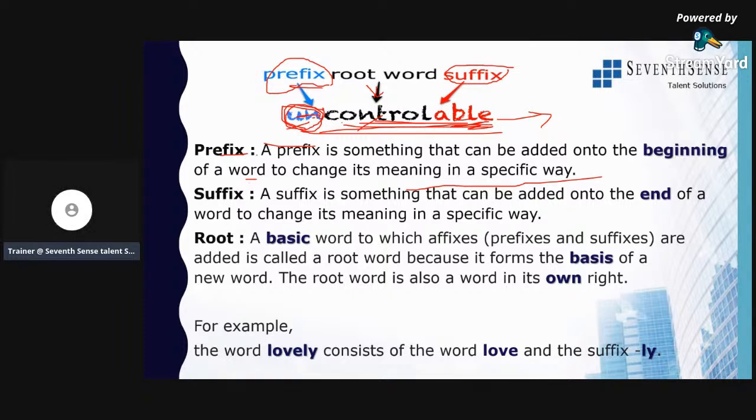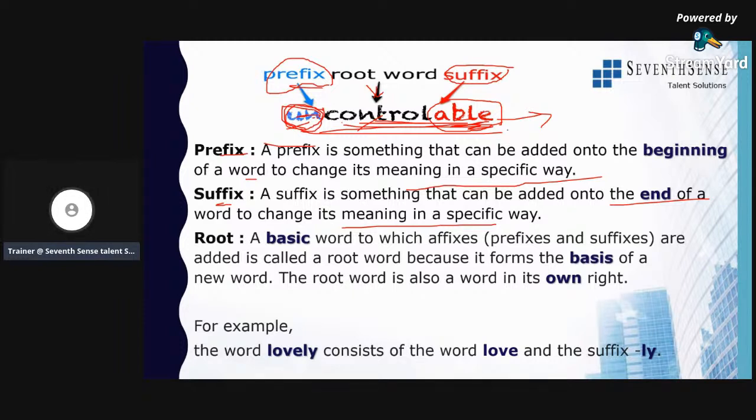Okay. And the next thing is the suffix. A suffix is something that can be added at the end of a word to change its meaning in a specific way. See, a suffix is also added at the end of a word just to change the meaning, just to add some different function. Based on the situation we require, we use the suffix and prefix.